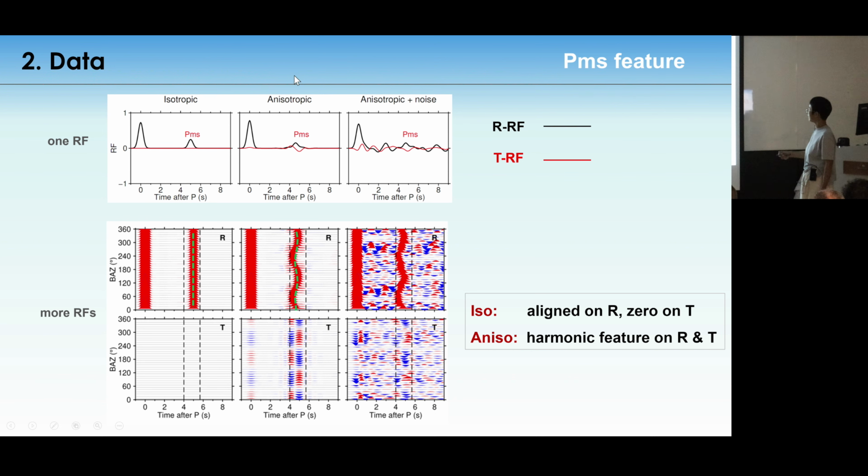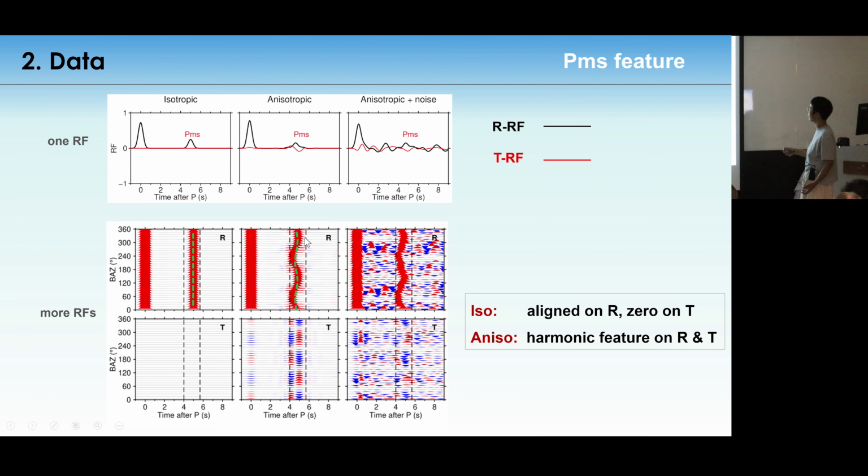Here, this part is about the synthetic receiver functions for an anisotropic crust. We can see that the R component and the T component show splitting for the Ps phase. This is for one receiver function, and this is for multiple receiver functions from multiple back azimuths.